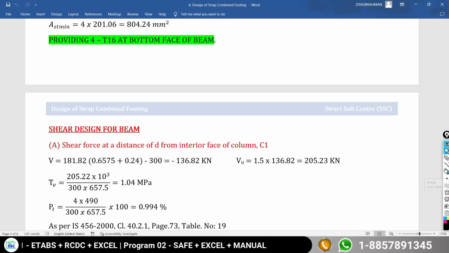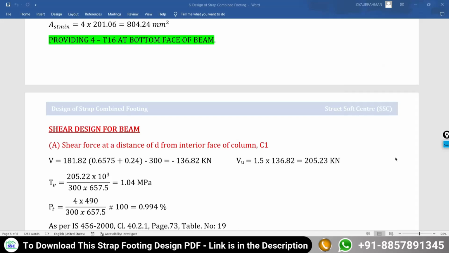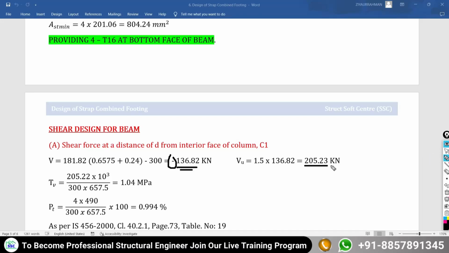So we are getting the shear force value as 136.82 kilonewton. The minus sign shows the downward direction, but irrespective of the sign, we just have to focus on the value. This is the service value, so I am going to multiply it by 1.5. So we are getting the shear force as 205.23 kilonewton as the ultimate or factored shear force.